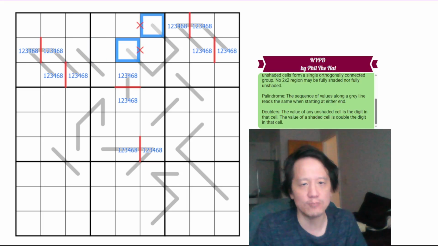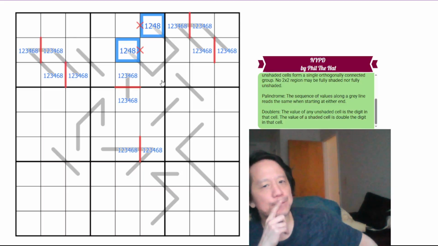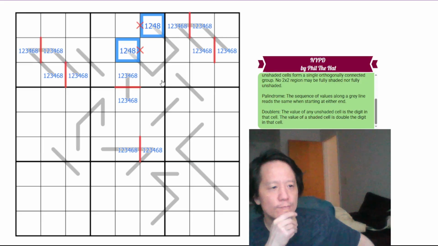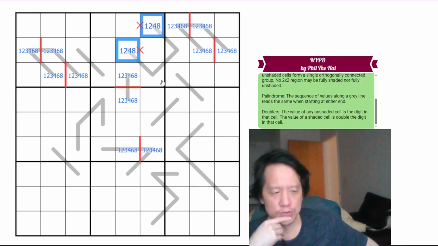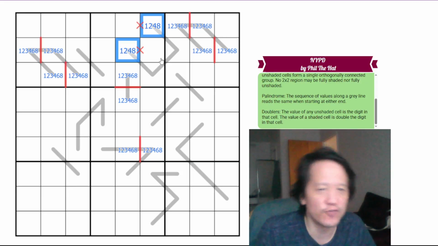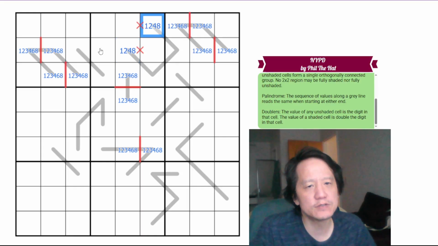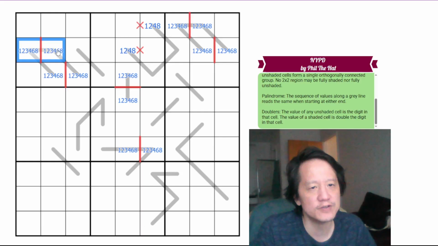So this can never be a 3-6 pair. It has to be 1, 2, 4, and 8. But that's the tricky part, right? So if it's 1, 2, 4, 8, that means one of these, what you cannot have is a 1, 2 here and a 4, 8 here.